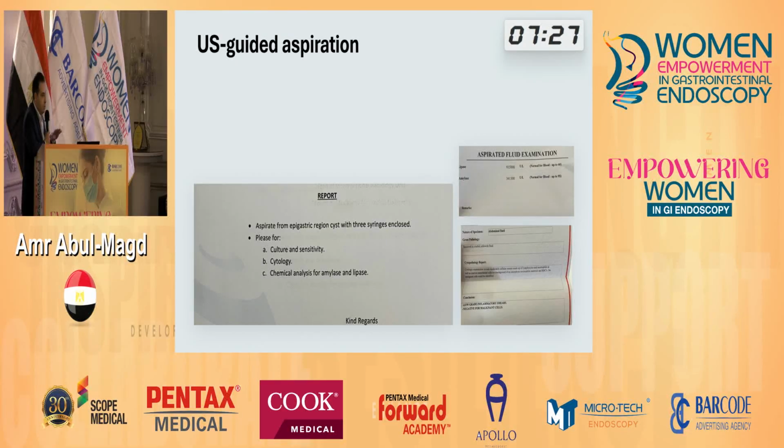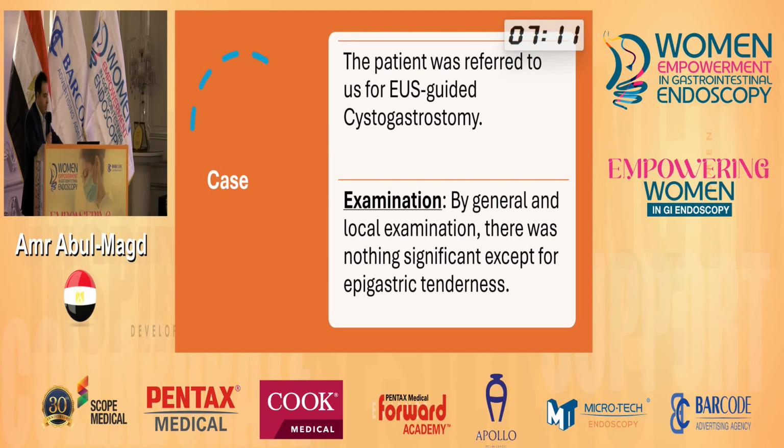So there is no doubt that you have an ideal case of post-pancreatitis pseudo-pancreatic cyst, proven clinically, radiologically, and by aspiration with amylase and lipase. So this patient underwent EUS-guided cystogastrostomy.